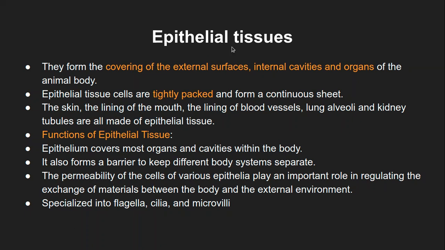We call this epithelium, and the lining of the blood vessel we call endothelium. Endo means inside, epi means outside. So the lining of blood vessels specifically is called endothelium, which is ultimately a part of epithelial tissue. It's nothing different, but just because it is present in a separate structure and only in the blood vessels, we call it endothelium.